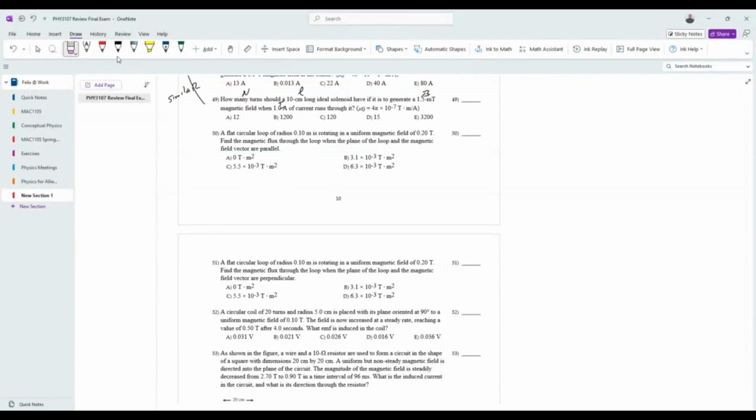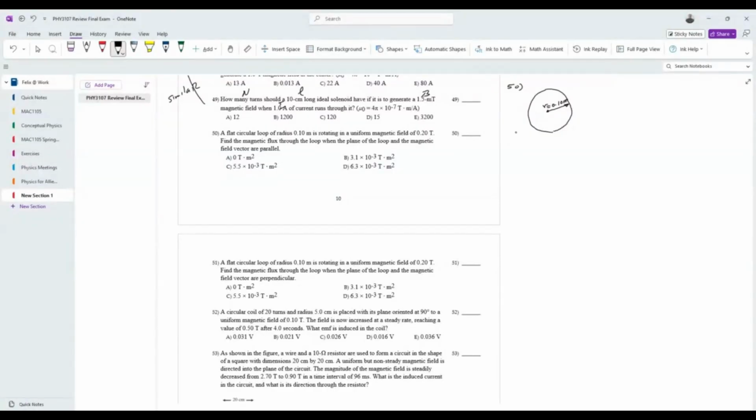So in exercise 50, they say that they have a flat circular loop of radius 0.10 meters. This is in a uniform magnetic field of 0.20 Tesla.